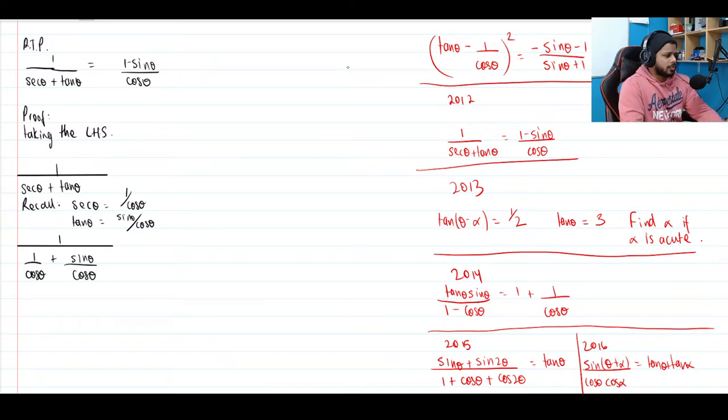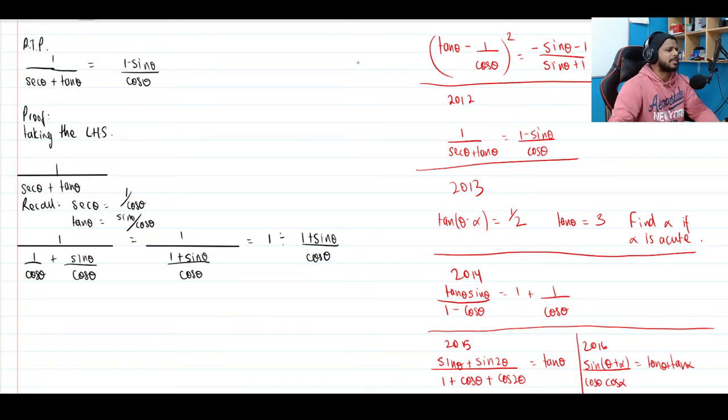The denominators in my denominator are the same thing. So if I just consider my denominator alone, my denominator will be 1 plus sine theta all over cosine theta. Now, some of you might see it, some of you might not. For those of you who might not, this is the exact same thing as 1 divided by 1 plus sine theta all over cosine theta.